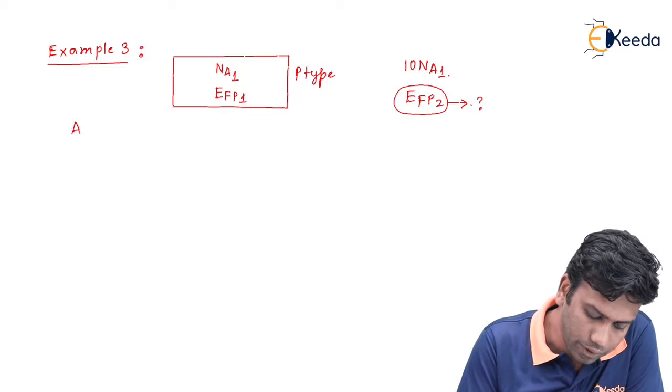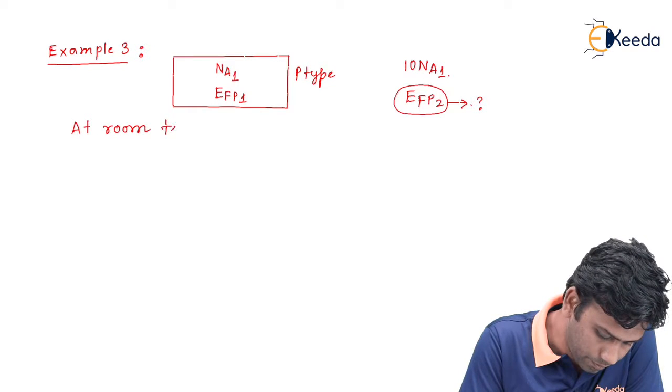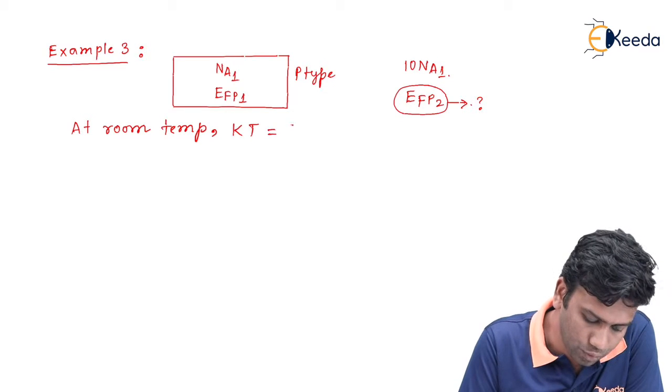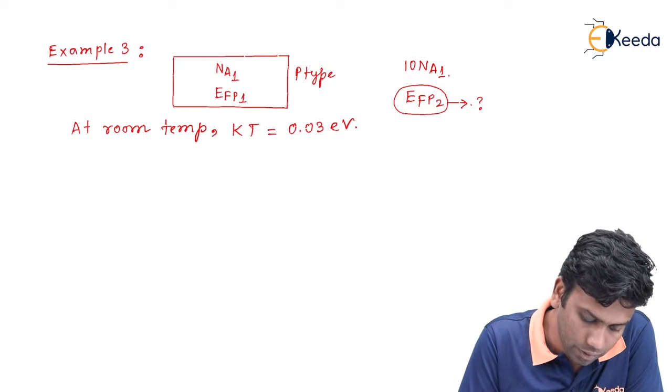And we know that at room temperature the kT value is equal to 0.03 electron volt.